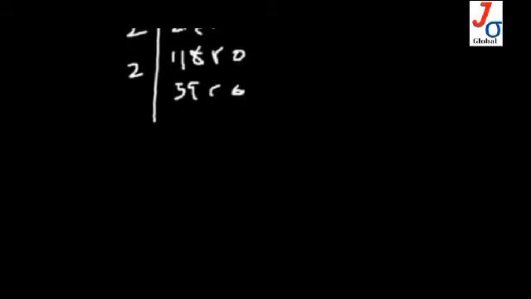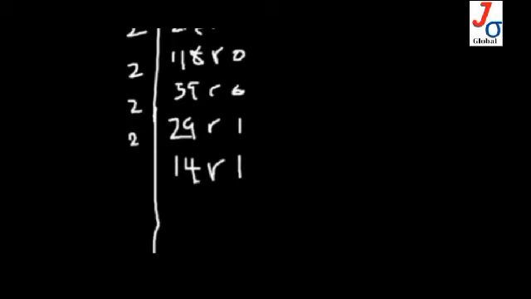Then 59 is an odd number. If you divide it by 2, you're going to have a remainder. So 59 divided by 2, let me extend the line, you have 29, because 29 times 2 will give us 58. So remainder 1. Then 29 divided by 2, we have 14, because 14 times 2 will give us 28. So we have remainder 1.